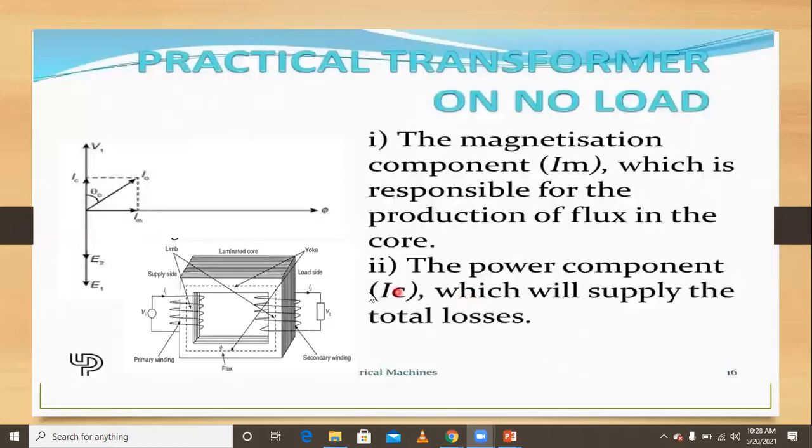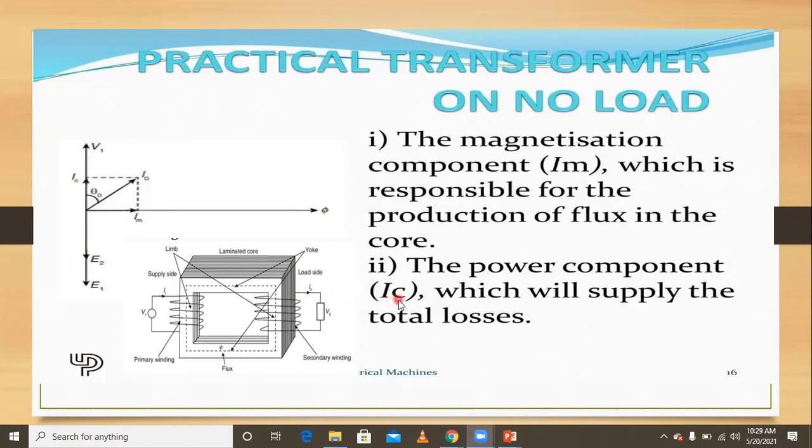So consider the magnetizing flux phi m and the magnetizing component Imu, both in phase, and that's why we represent it like this. Then the wattful component IW is because of the winding resistance and losses in the transformer core.